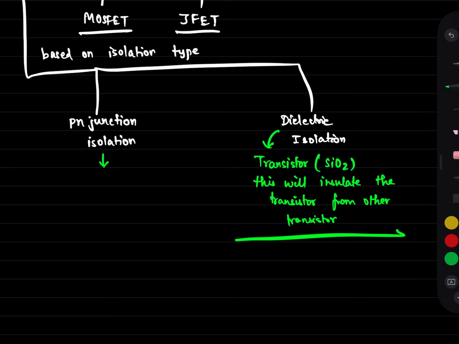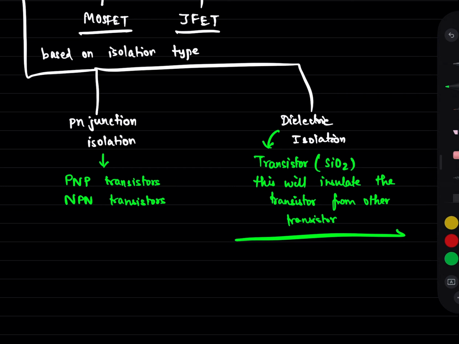In PN junction isolation, we use PNP transistors or NPN transistors and so on. By applying appropriate reverse bias to PNP transistors and to NPN transistors, we create a depletion layer according to the reverse bias we applied, and this will stop the current flow in one particular area, and the current flow will occur in one particular direction.